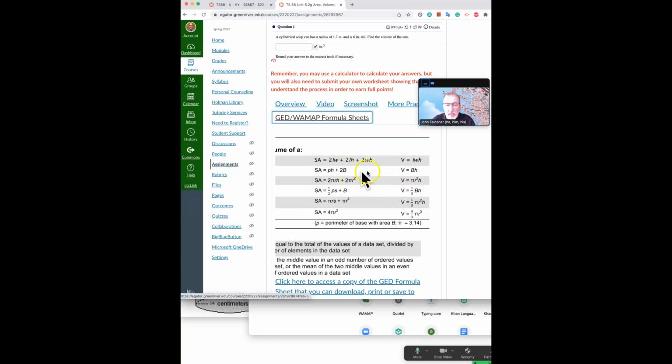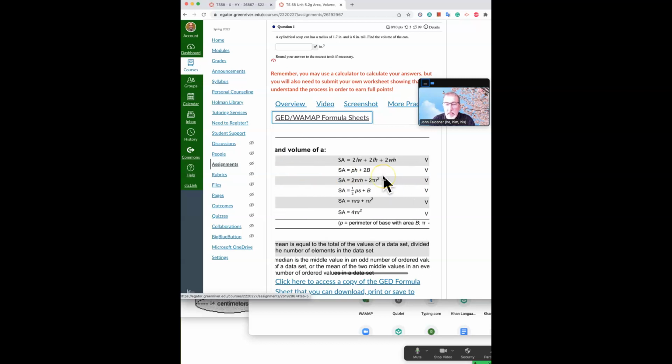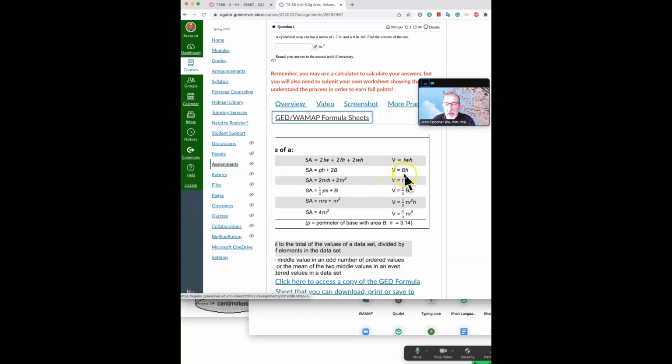One more thing I'd like to point out is that there's a capital B here, which when you are calculating the volume of a right prism, they have this capital B, which is the area itself. This is the area. This is base times height, and so it's very confusing that they introduced this new term. If they could have said base times height times depth, that would have been awesome, but they don't.